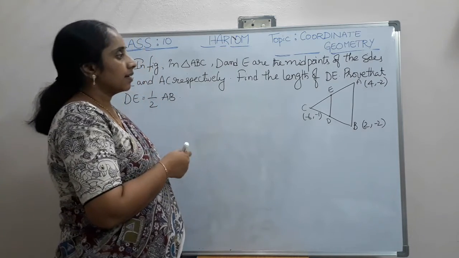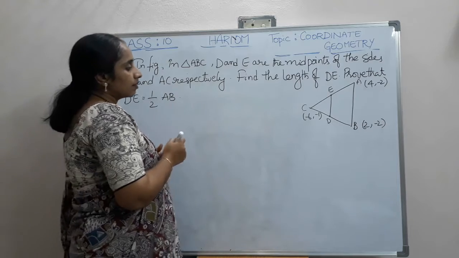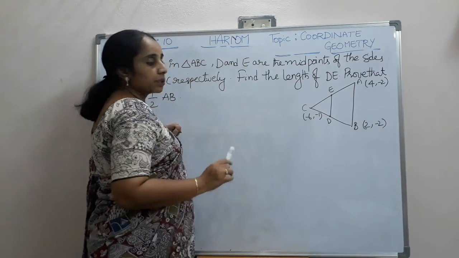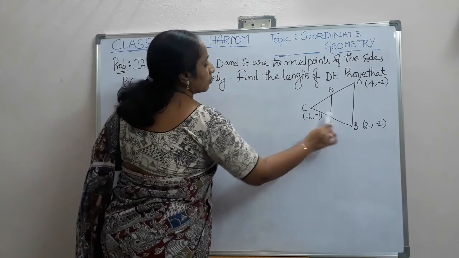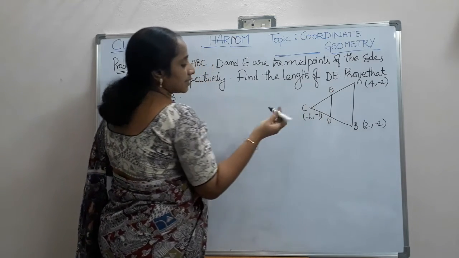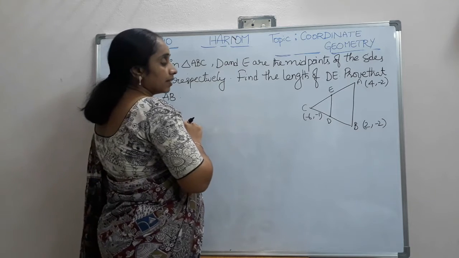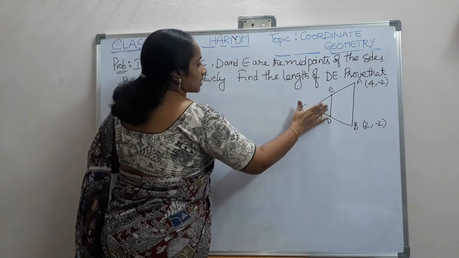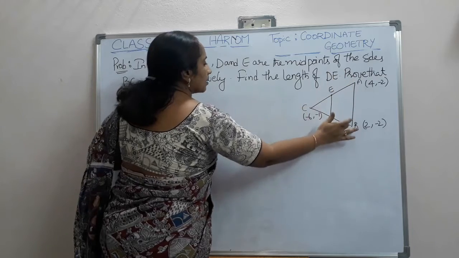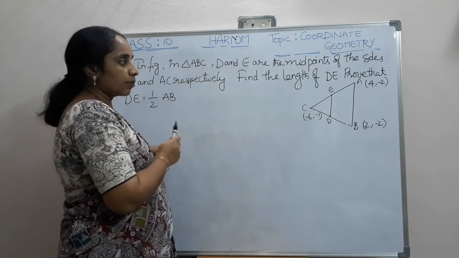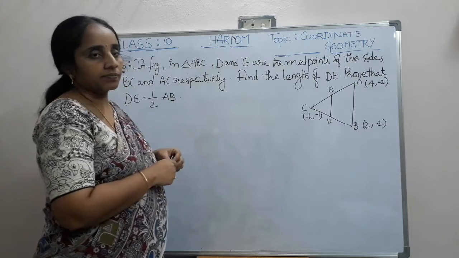Here D and E are midpoints of BC and AC respectively. Now the length of DE is half the length of AB. Now we have to prove that.